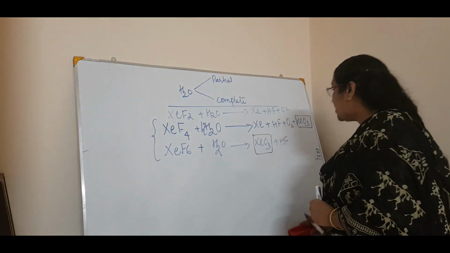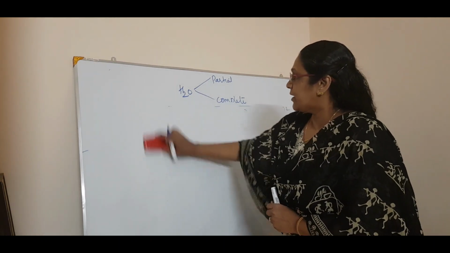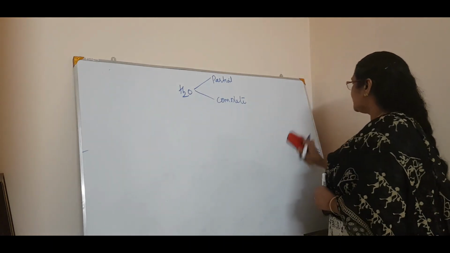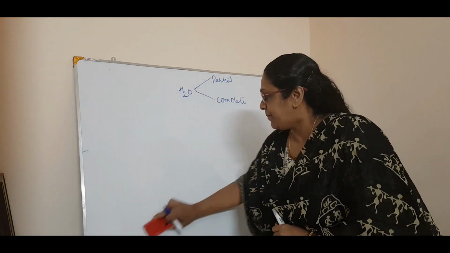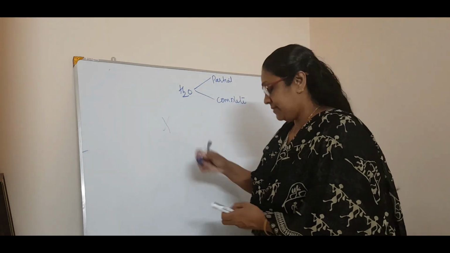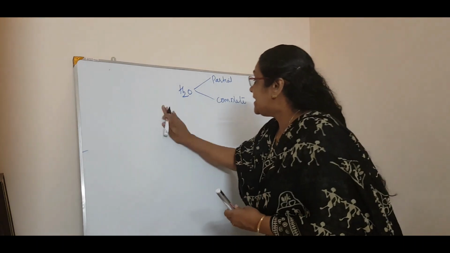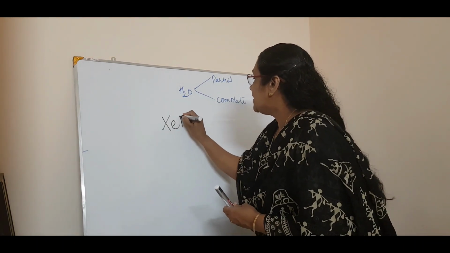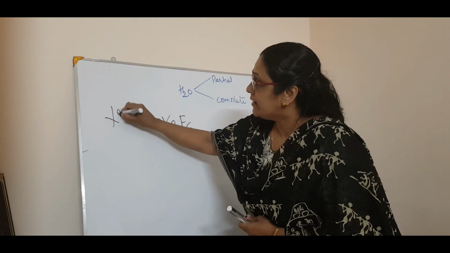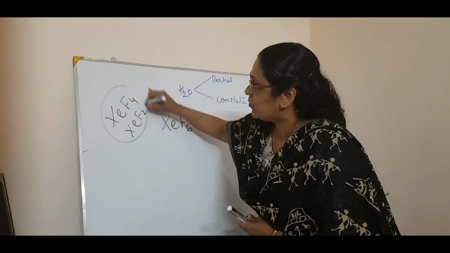Now coming to partial hydrolysis. Okay, we will then talk about the partial hydrolysis. Partial hydrolysis is mainly about XeF6, not XeF4, and you don't have to study about XeF4 and XeF2.